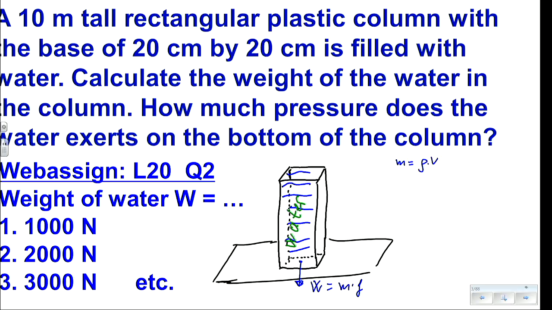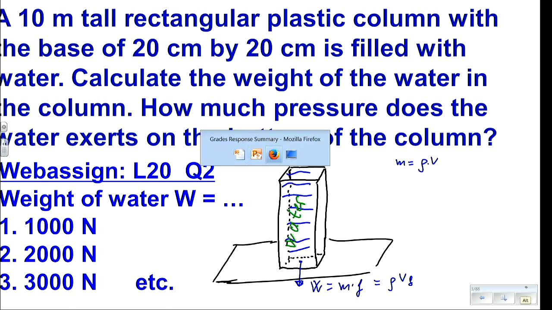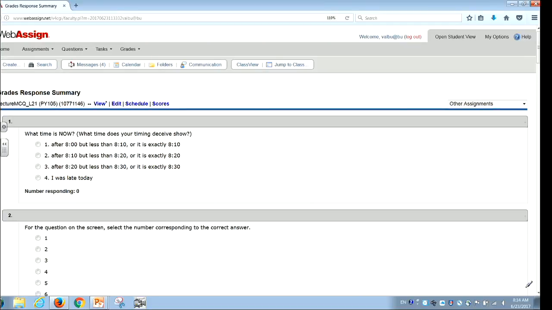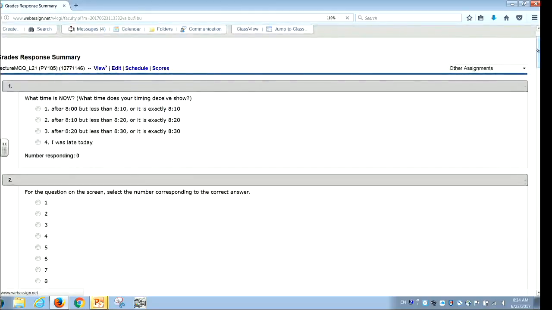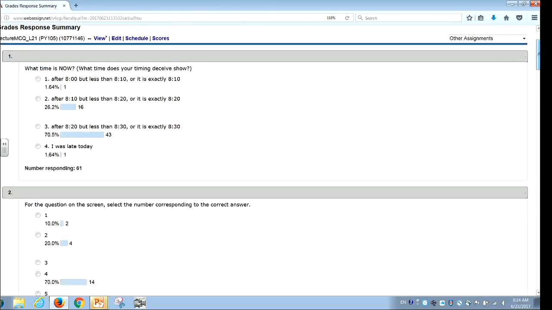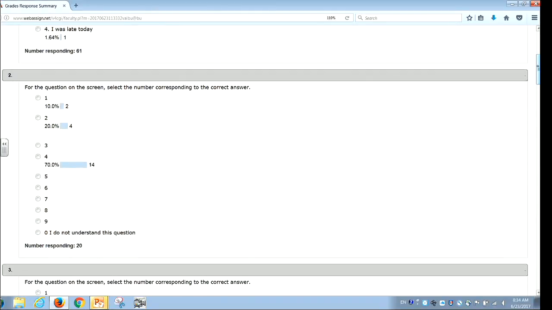If we put these together, combine them, substitute m with the density times volume, we get the result. All right, we're getting answers.